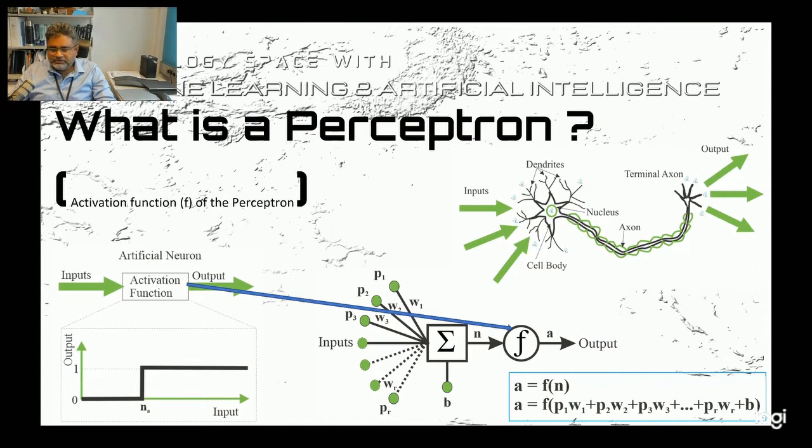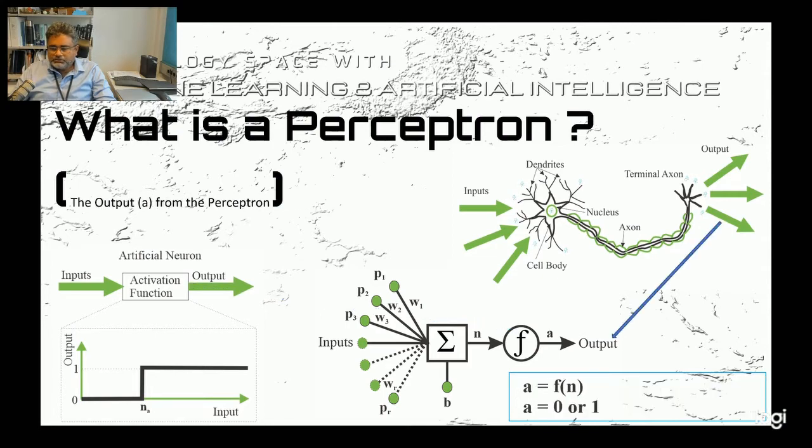So the output of the perceptron would be A in this slide. When you're thinking about the output of a biological neuron, there are two outputs: either it gets excited or there will not be any output. That situation is represented by 0 and 1.